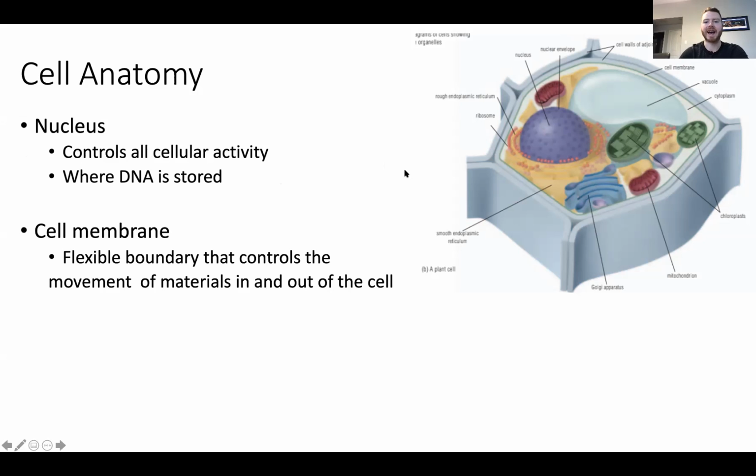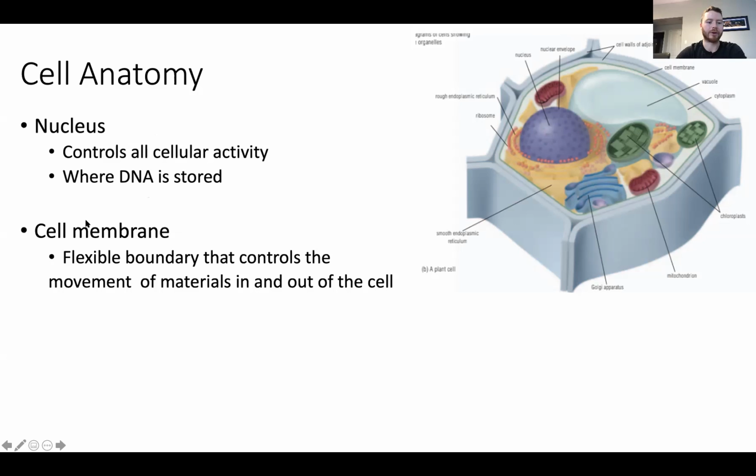Next we have the cell membrane. This is right at the top, almost just as important as the nucleus. This is the outside of the cell. And again, these two are found in both plant and animal cells.